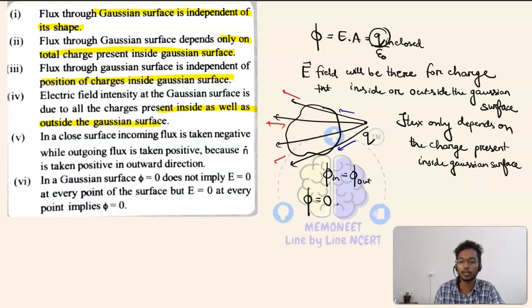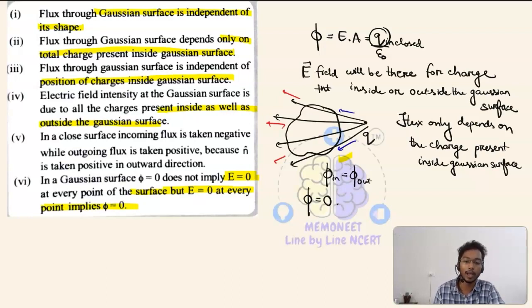In a Gaussian surface, phi equal to 0 does not imply the electric field is 0. Here phi is 0, but the electric field is not 0 at every point of the surface. But E equal to 0 at every point implies phi is equal to 0.